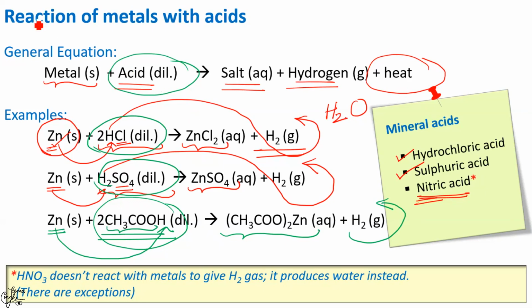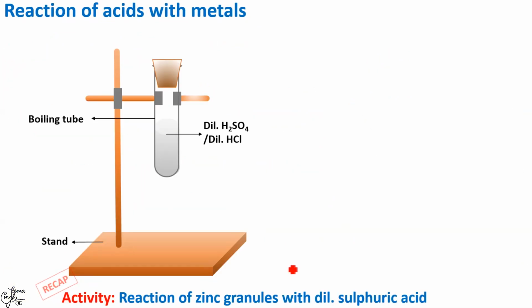Now to understand how reaction of metals with acids helps us in deciding the reactivity of a metal, let us perform a simple activity. Learners note that since this activity has already been discussed in the previous chapter in detail, we will quickly recall it.